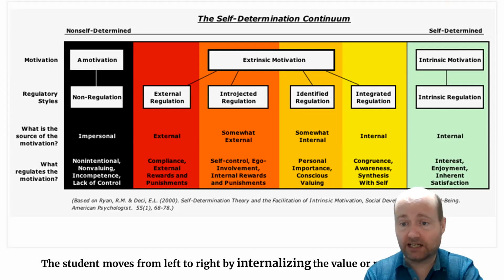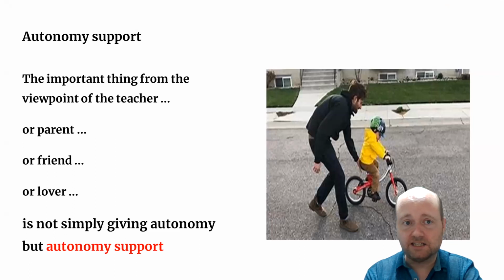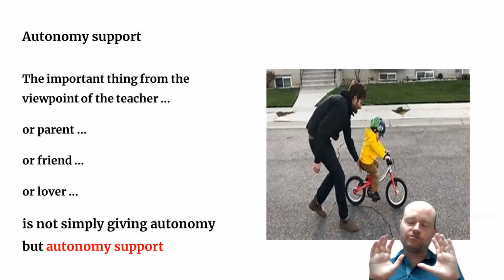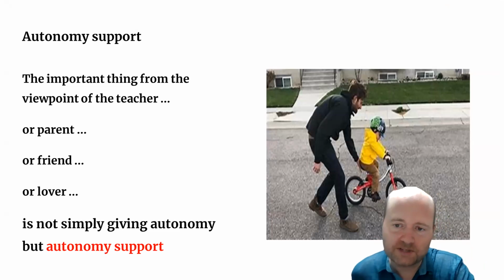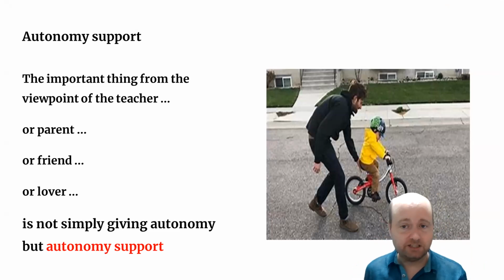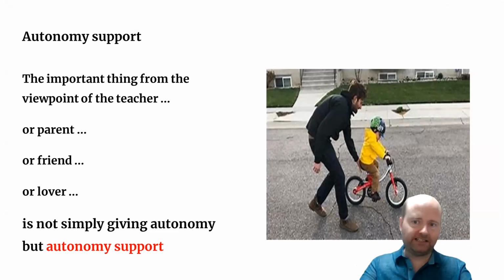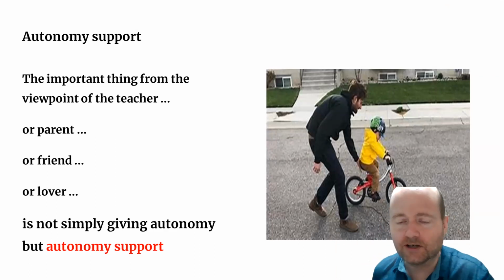So let's move on and look at autonomy support. Autonomy is a concept that you need to understand as a teacher. From the student's point of view, it's about having more autonomy, and having more autonomy within a context of rules in the case of education.